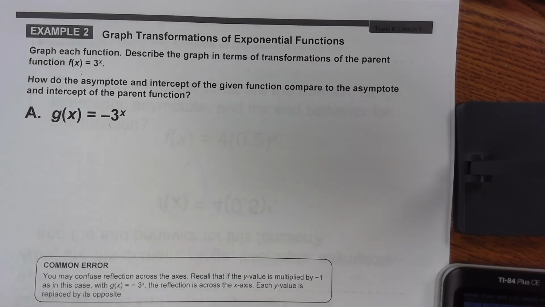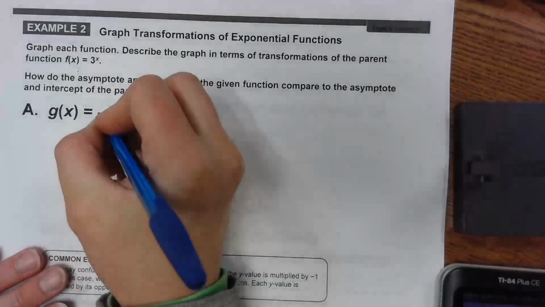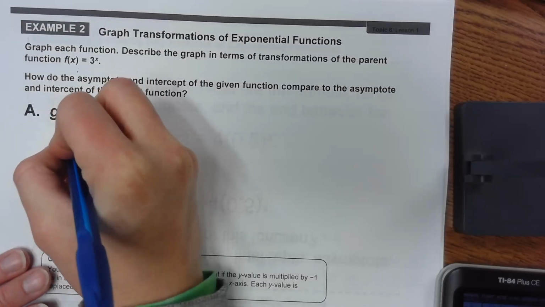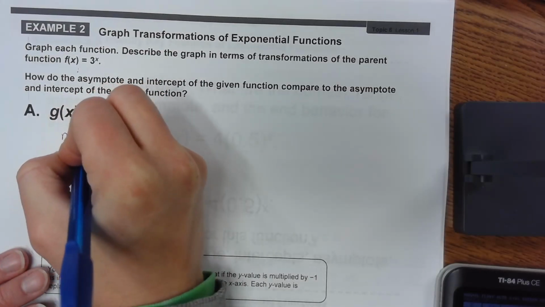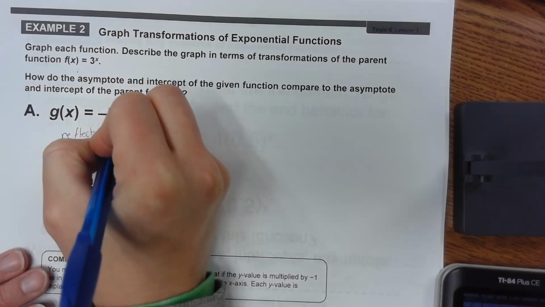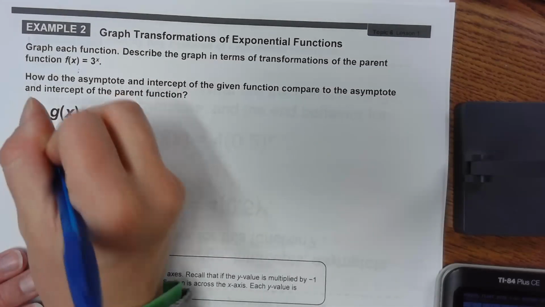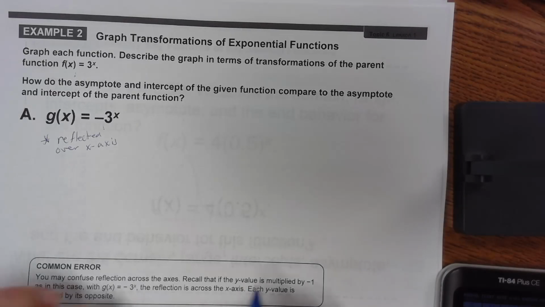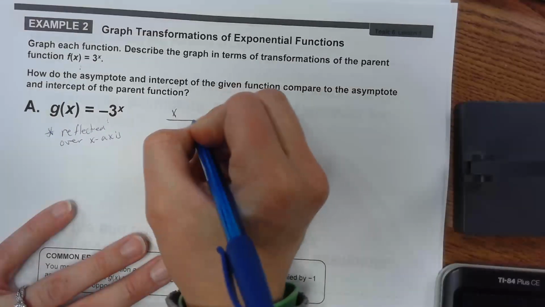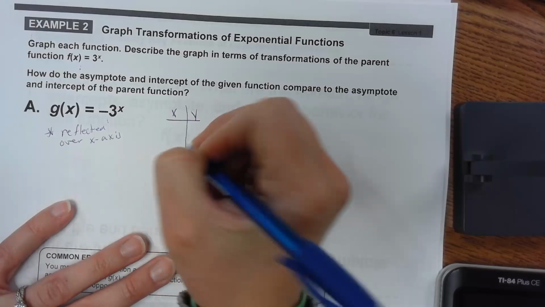Okay, so if you remembered, you should say that this is outside the function, and the negative is talking about reflection, and this would be over the x-axis. Now, again, you can get your values from the table. So you should have graphed it and get your values.